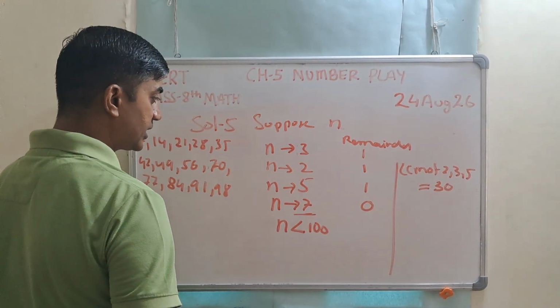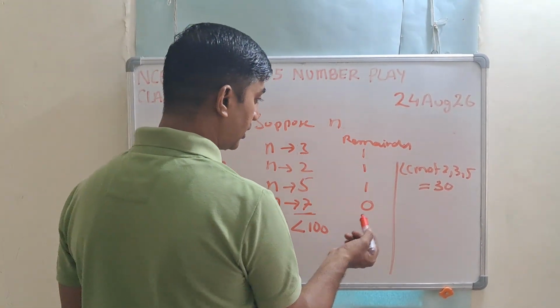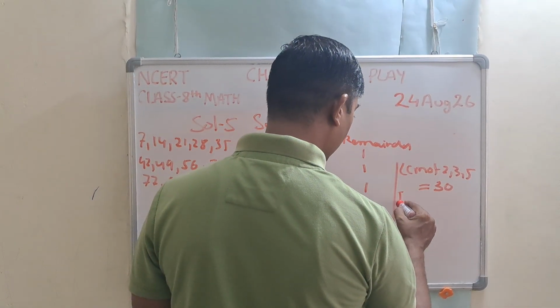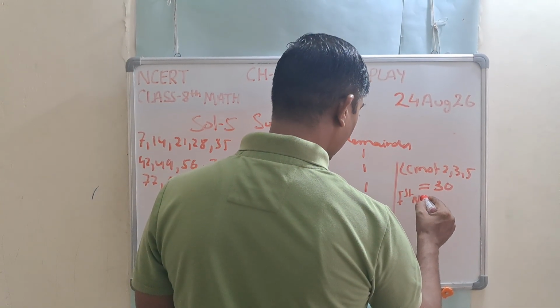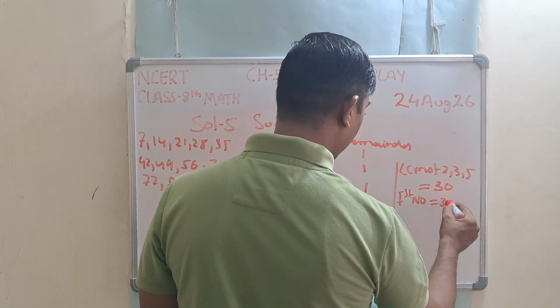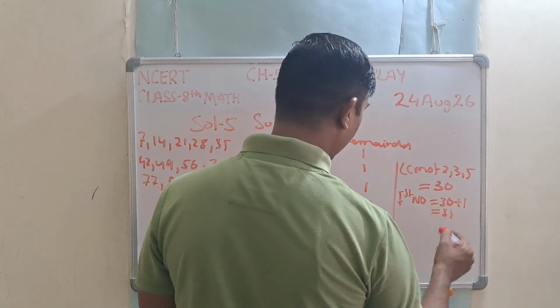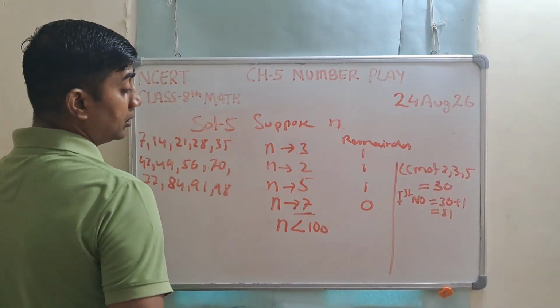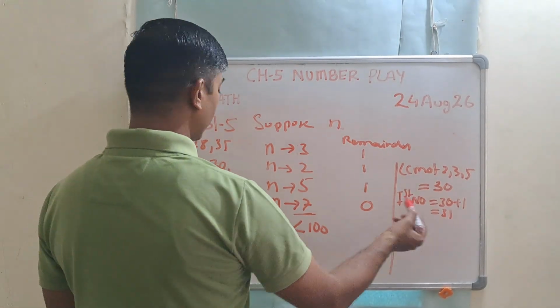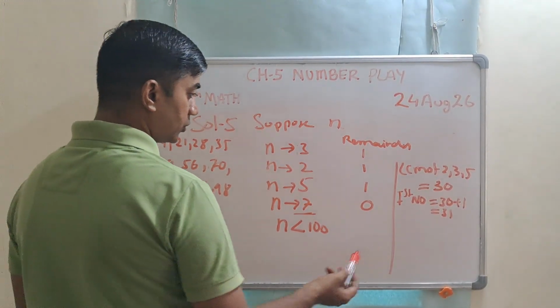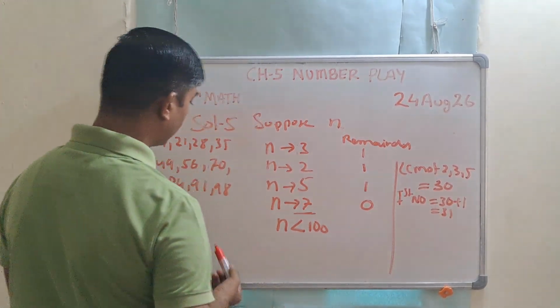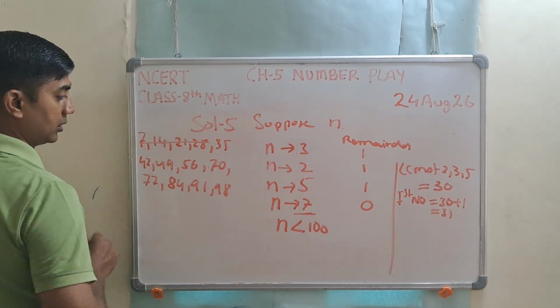So the first number which gives us the remainder 1 is 30 plus 1, that is 31. But this number is not divisible by 7. So all the numbers lower than this are cut off.